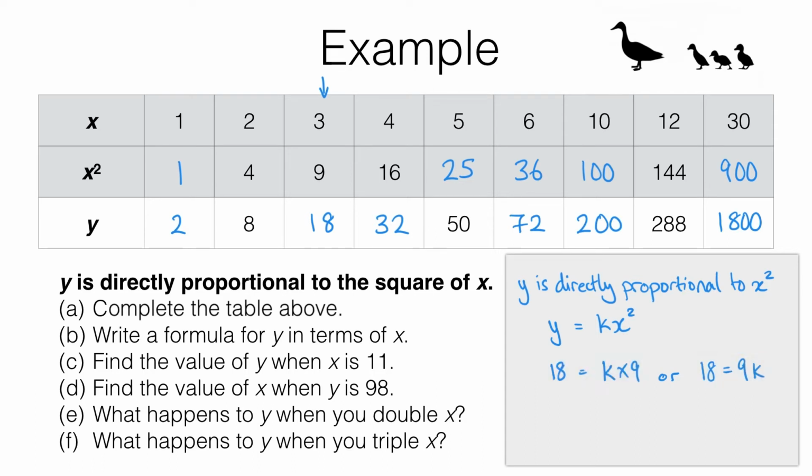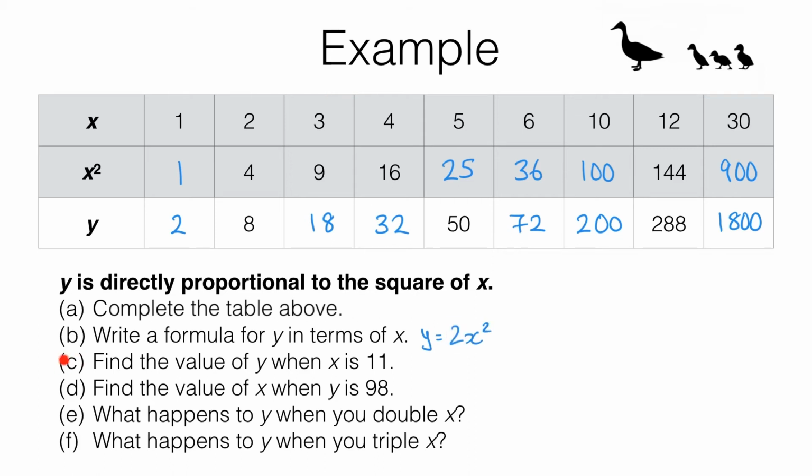Solving that equation, we can divide each side by 9, and that tells us that k equals 2. So we knew the formula was of the form y equals kx squared. We've now worked out that k is 2. So the formula that we want is y equals 2x squared.